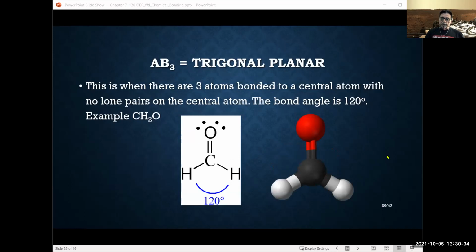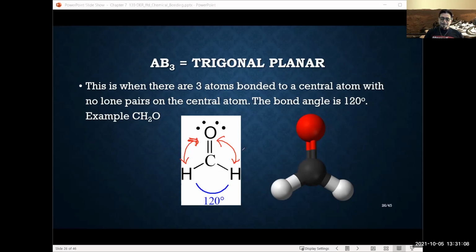You can have something called AB3, which we call trigonal planar. So the bond angle between all 3 bonds is 180 degrees. Here's an example of one. This is formaldehyde. I'm sure you've all heard about formaldehyde. This happens to be the structure of formaldehyde. It's a cancer-causing species used to store that little pig you may have dissected back in high school, right?